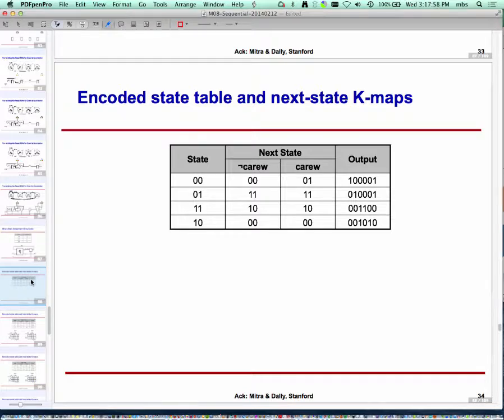So this is our new state diagram, except now instead of using symbolic names for the states, we have put the actual bit patterns for the state. The 4 states are 0 0, 0 1, 1 1, 1 0. Depending upon what the sensor said, we have 2 possibilities, and then finally the output is represented this particular way.